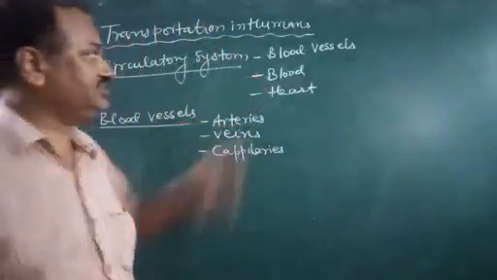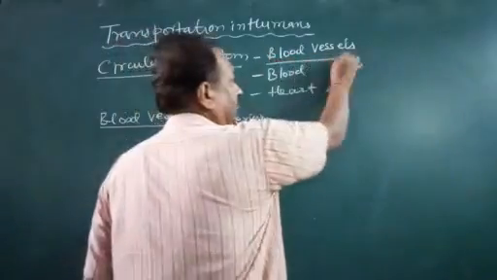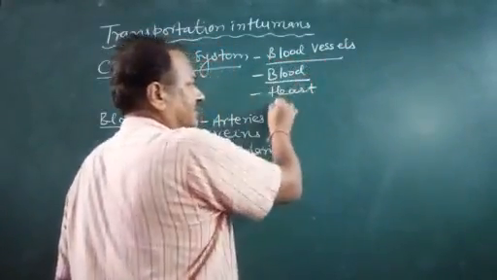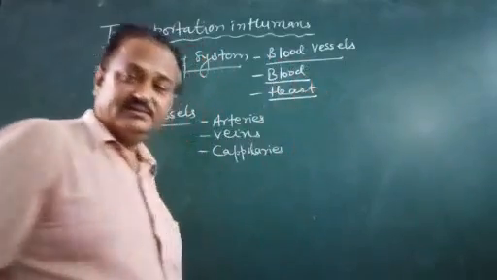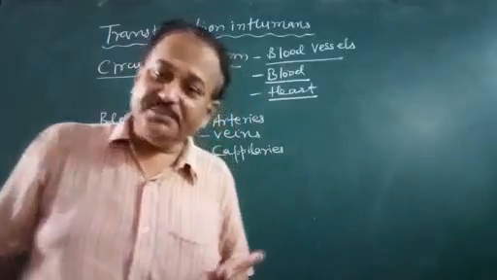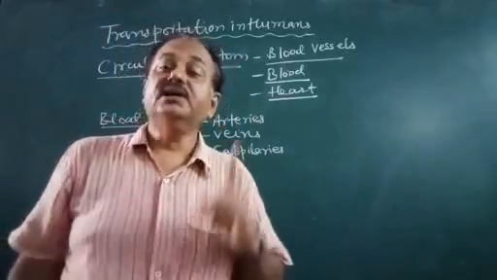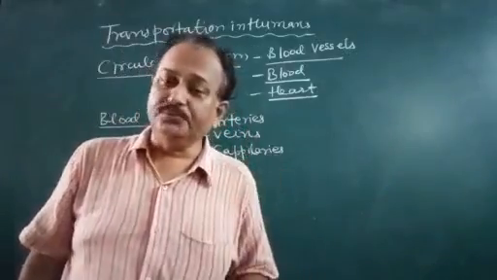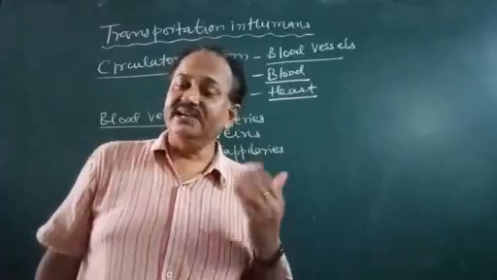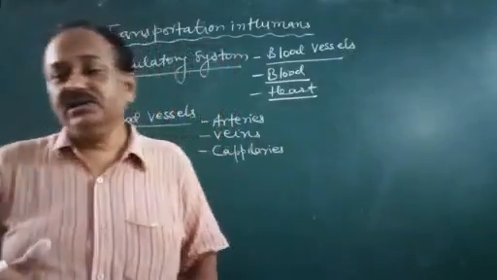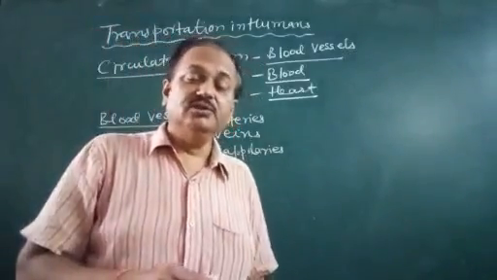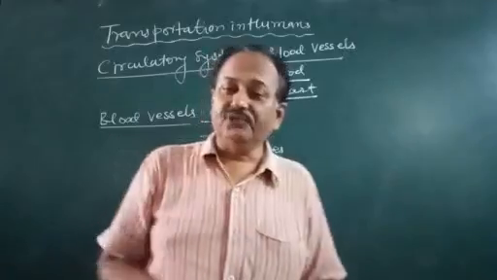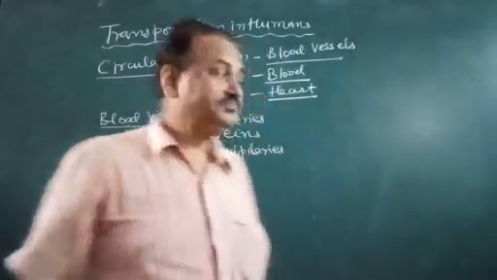The circulatory system is made up of three components: blood vessels, blood and heart. Blood vessels are the fine tubes in which blood flows from one place to another place for performing different functions.